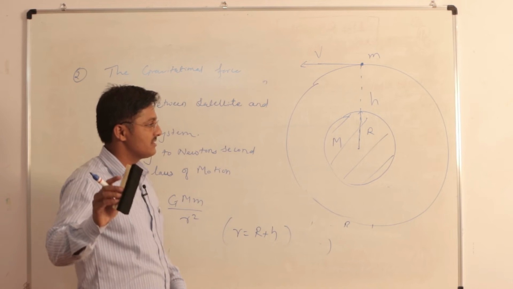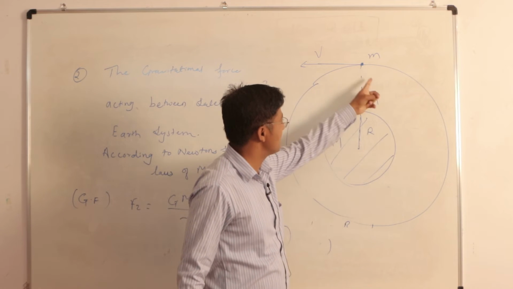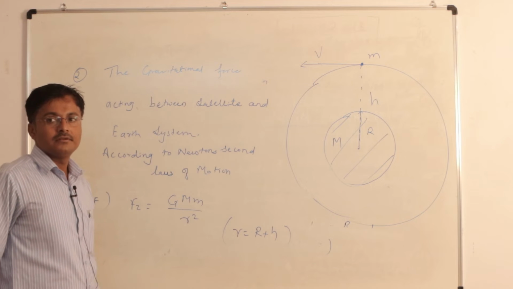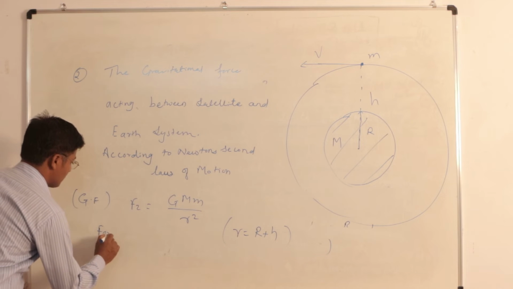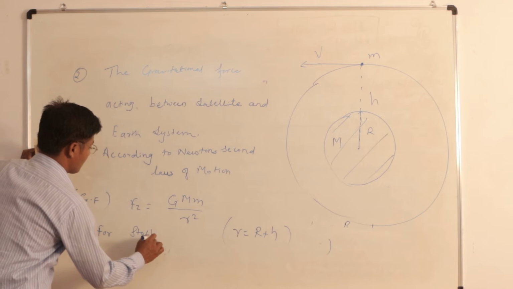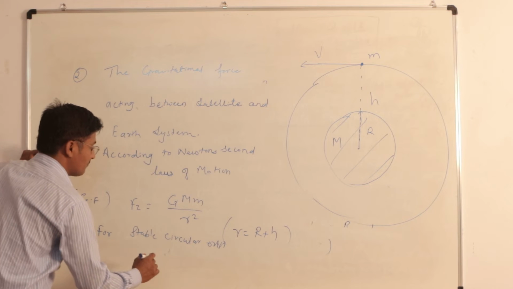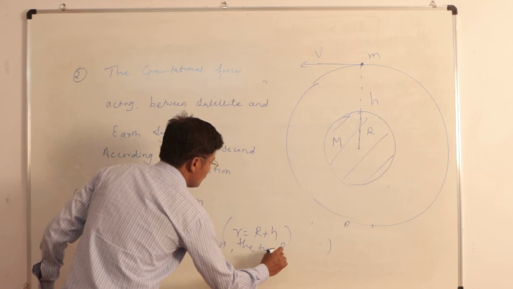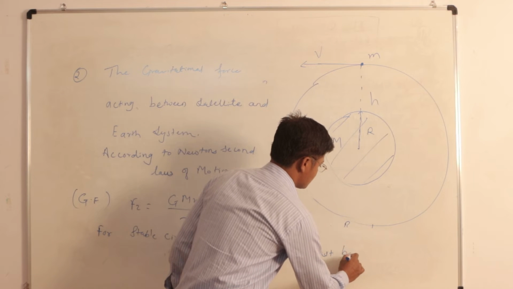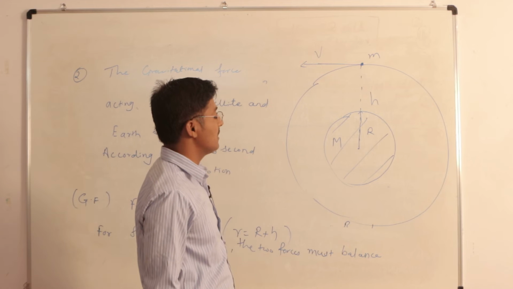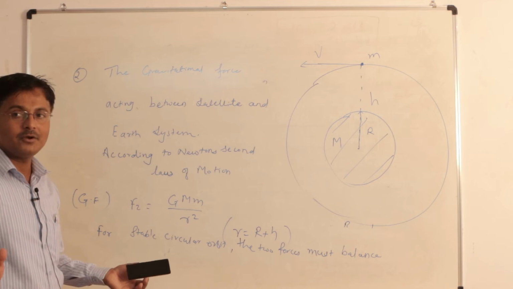Now always remember the equilibrium or the stable orbit of satellite. या सॅटेलाइटची जर स्टेबल ऑर्बिट आपल्याला पाहिजे असेल तर there should be two forces balancing each other. So I will write, for stable circular orbit, the two forces must balance with each other. जर आपल्याला स्टेबल सर्क्युलर ऑर्बिट हवी असेल तर दोन्ही फोर्सेस बॅलन्स मध्ये पाहिजेत. म्हणजेच काय, टू फोर्सेस शुड बी इक्वल, isn't it?